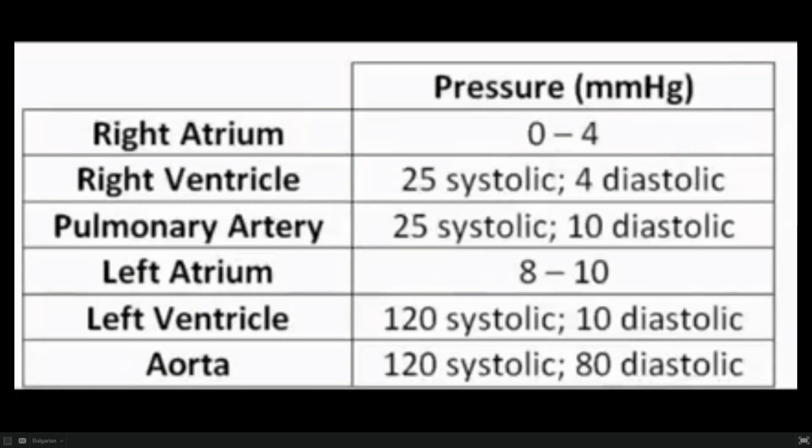Then in the pulmonary artery, you have 25 millimeters of mercury during the contraction, because when the right ventricle contracts, it pumps the same amount of blood inside of the pulmonary artery, and the pulmonary artery does not have resistance in front of the chamber, just the same pressure inside.